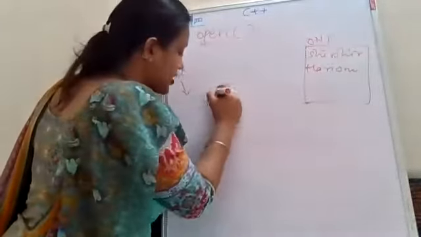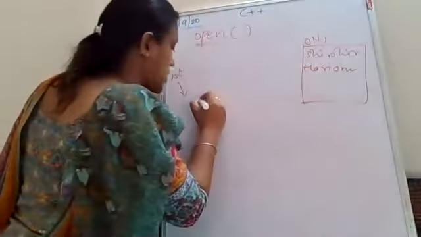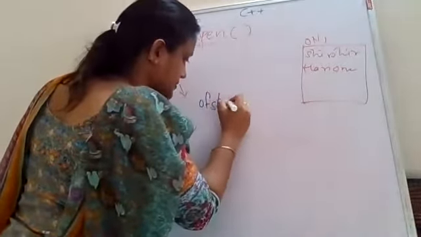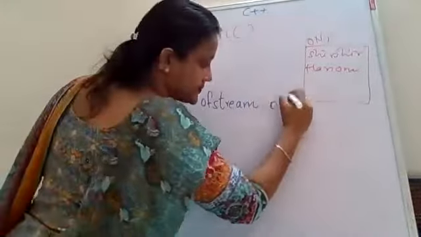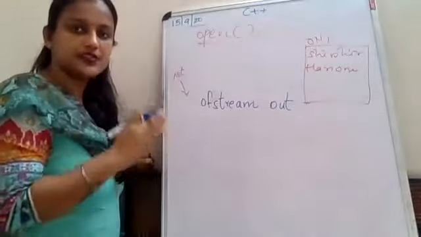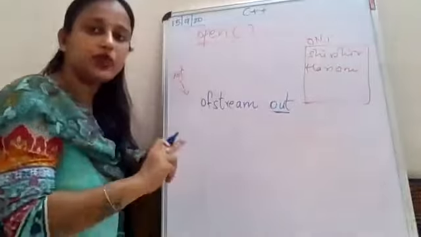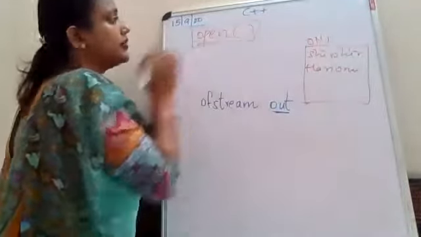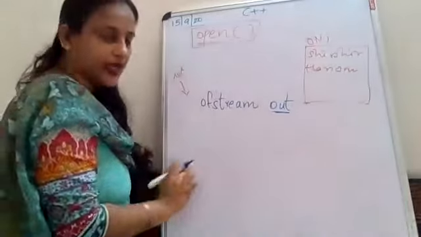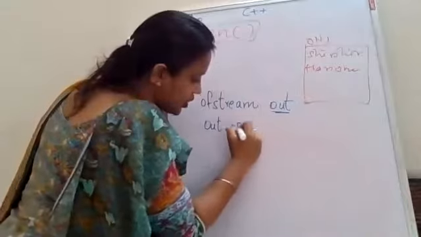Suppose I made the object named out. ofstream out, and through this object out I am going to open the file. The method which is used to open the file is open, so I write out.open.